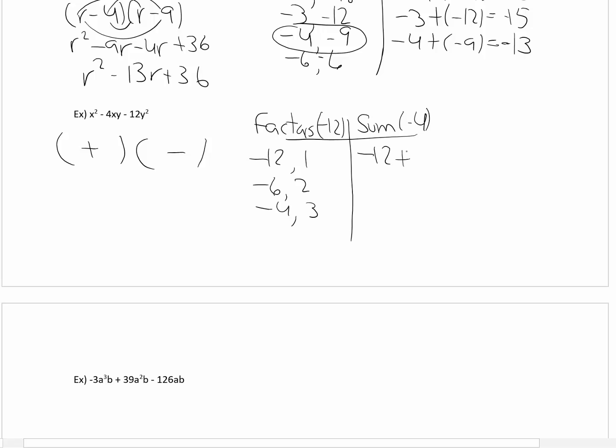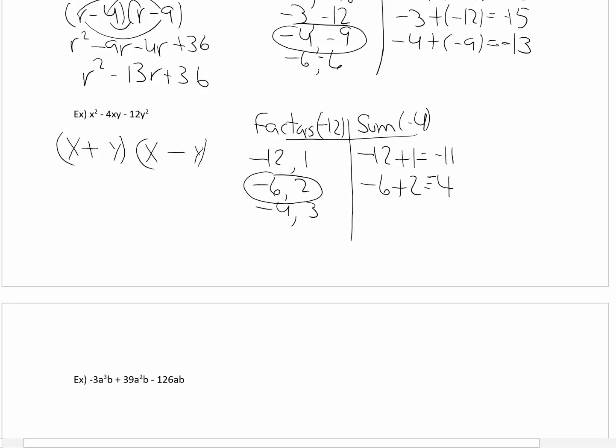So again, add. This gives us a negative 4, which is what I want. Those are the two factors. So, how do you break down x squared? That's x times x. Now, notice the third term has a y squared. So not only do I need to put the number factors, I also need to put a y, because y times y is y squared.